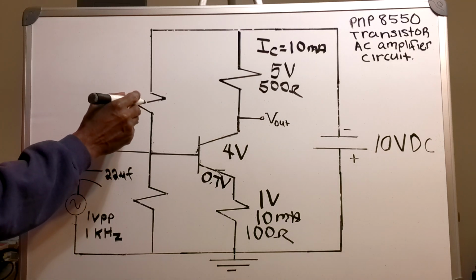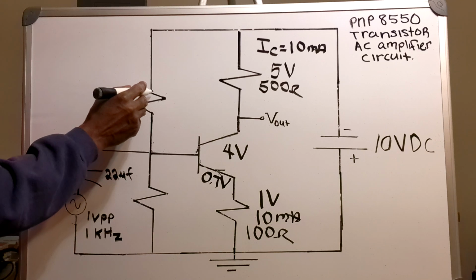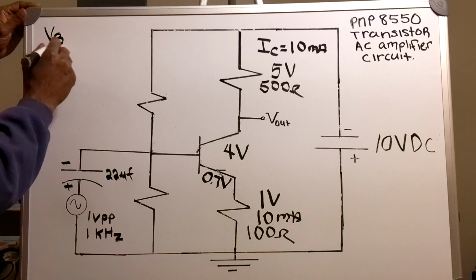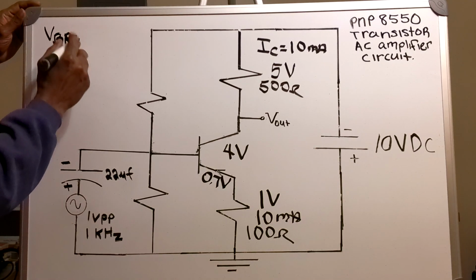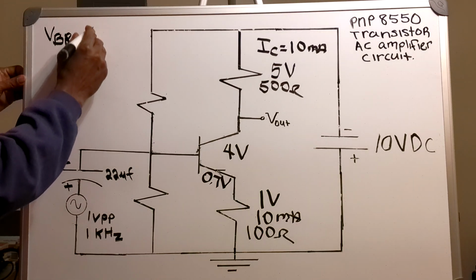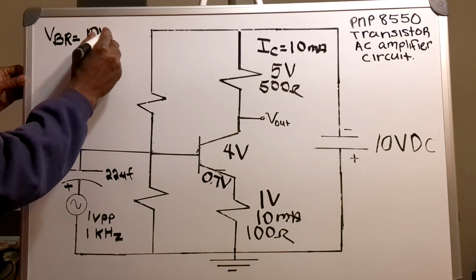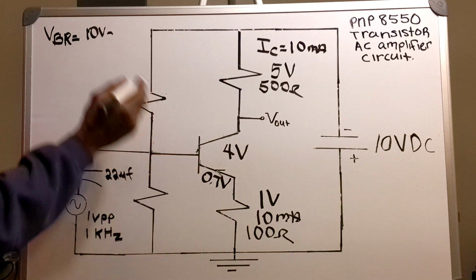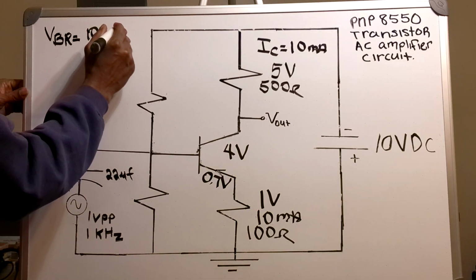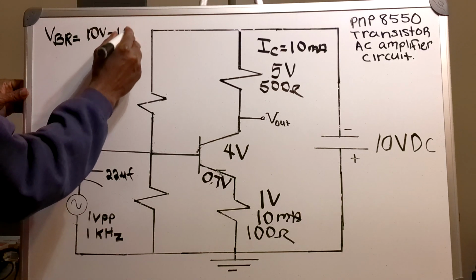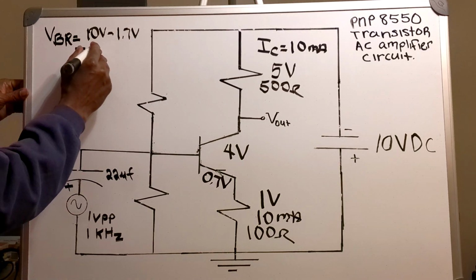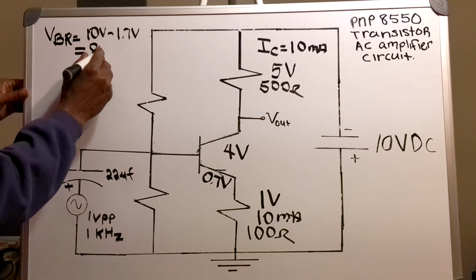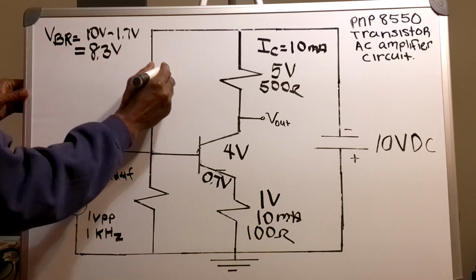So the voltage across my base resistor, I'm going to call it VRB, will be 10 volts minus the sum of 1 volt and 0.7 volts. So that will be 10 volts minus 1.7 volts. That gives me the voltage across my base resistor of 8.3 volts.